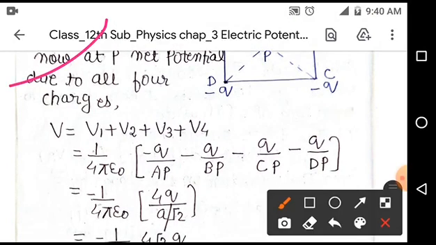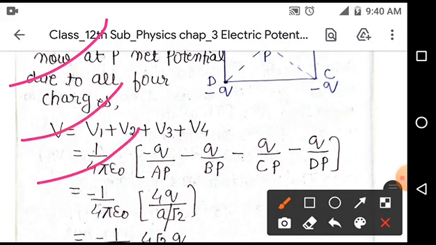Now at P, the net potential due to all the four charges, V is equal to V1 plus V2 plus V3 plus V4, because we know that if we have to find the potential at any point, then we have to simply add all the potentials which are connected to that point. So here the net potential V is equal to the sum of all the potentials.